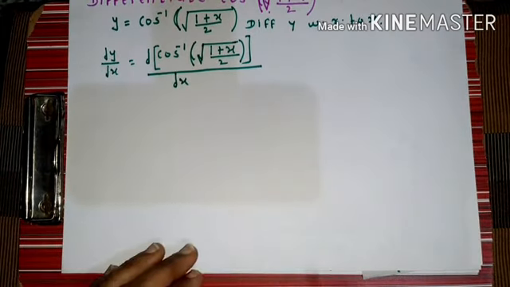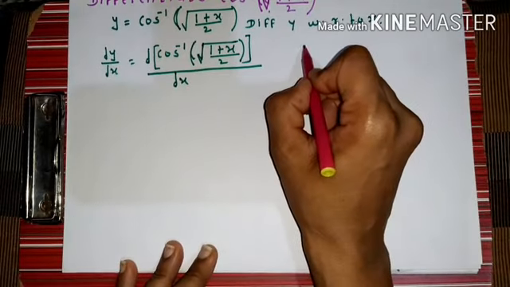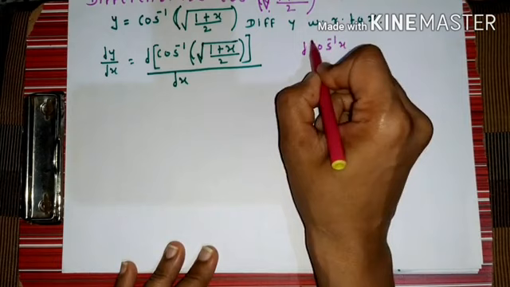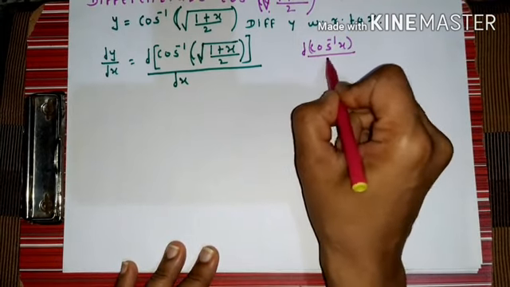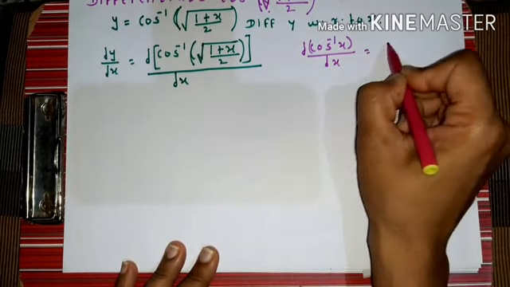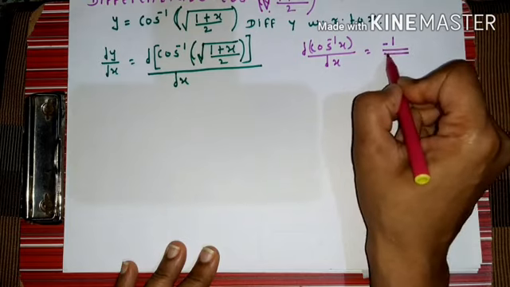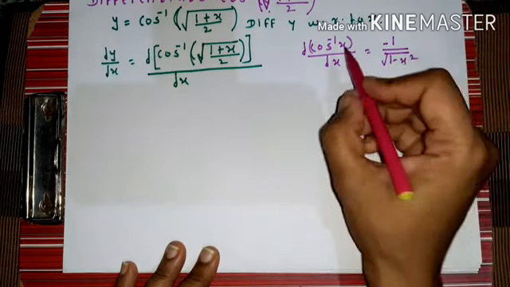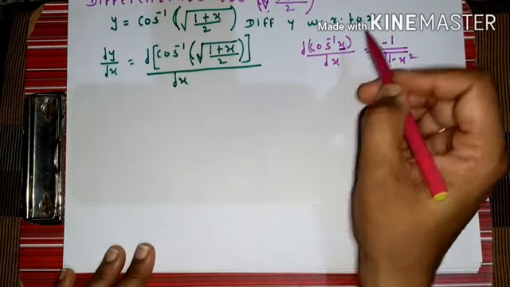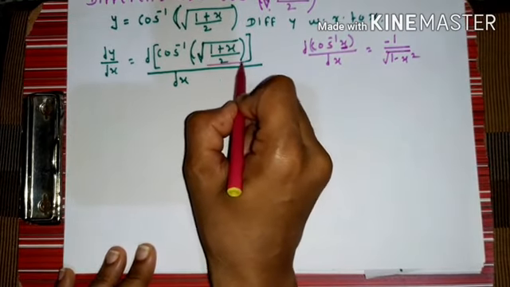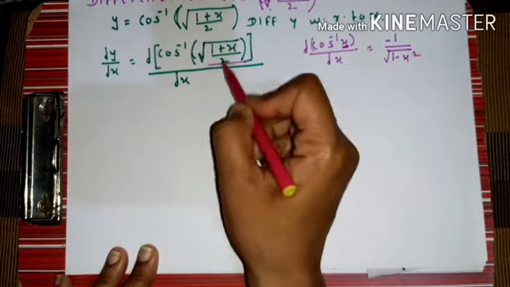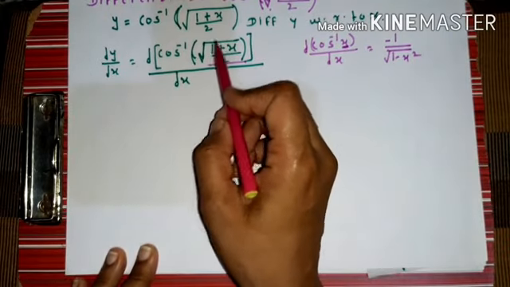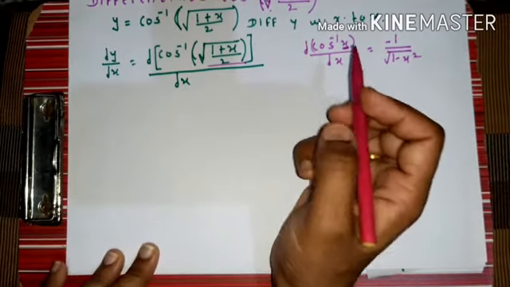Again we know the differentiation formula. What is the differentiation of cos inverse of x? That is minus 1 upon square root of 1 minus x square. Only here the value of x is square root of 1 plus x upon 2. Instead of x, this is the value of x, and that we have to put in the given formula.